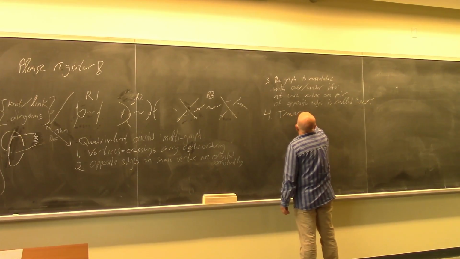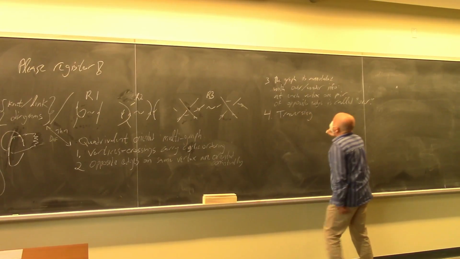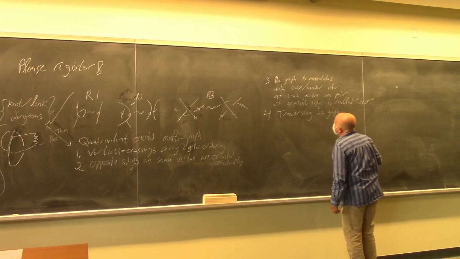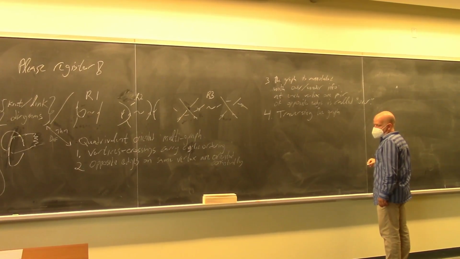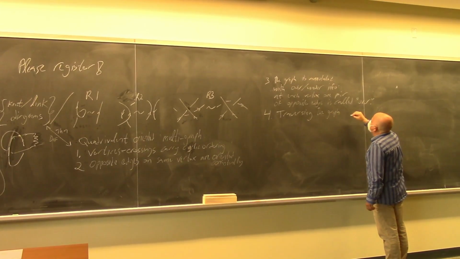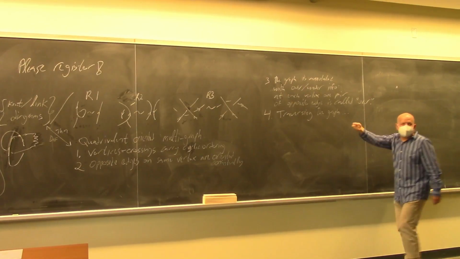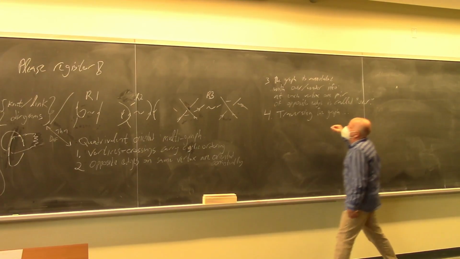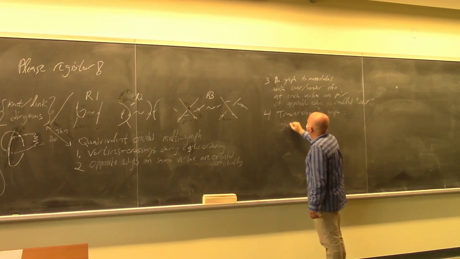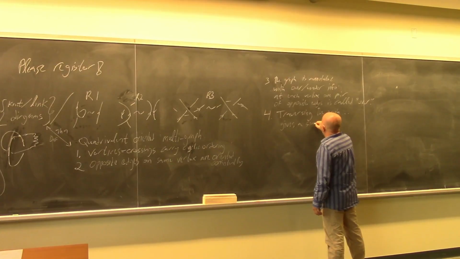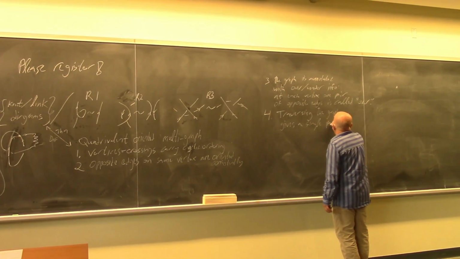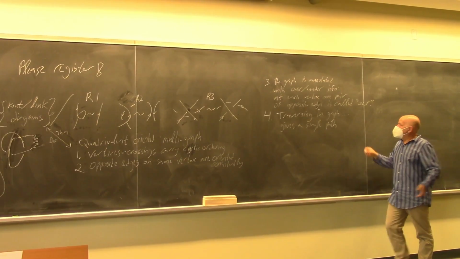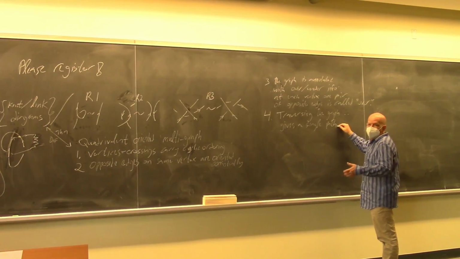Traversing the graph, I think I said it and I don't want to say it again, gives a single path if this is a knot, or multiple paths.